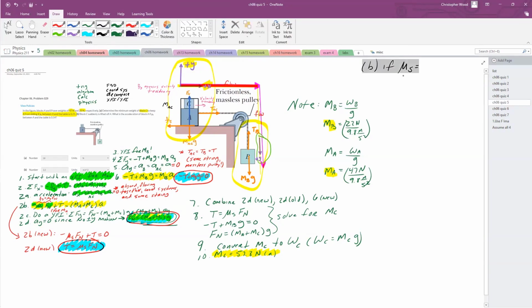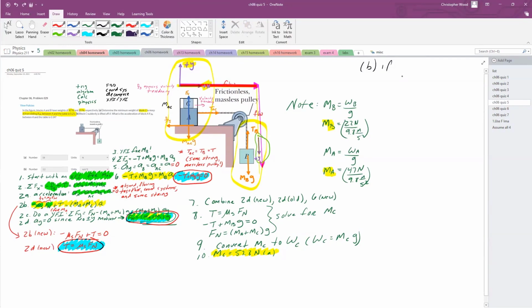So for part B, we're saying block C is suddenly lifted off, mass of C is removed, and the coefficient of kinetic friction equals 0.14. What is the acceleration of block A? All right, so let me kind of fast track this.